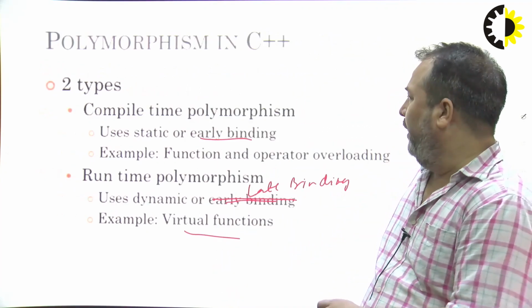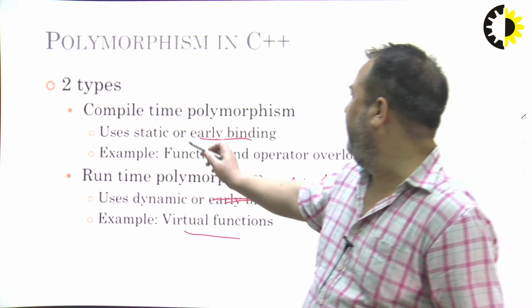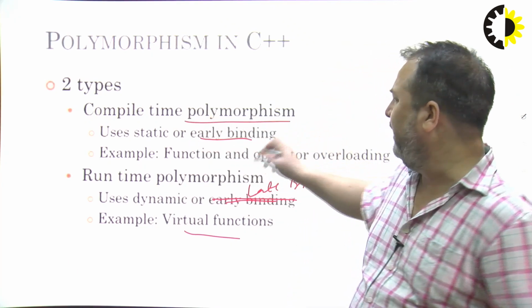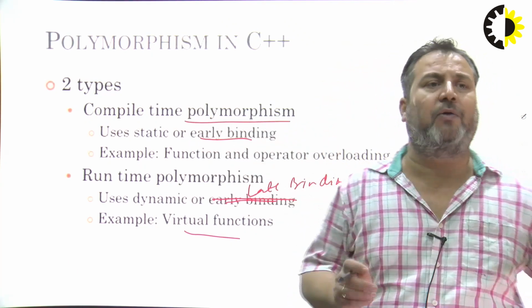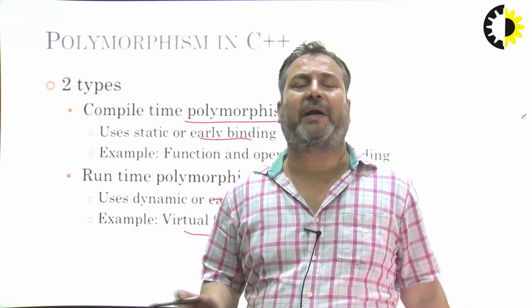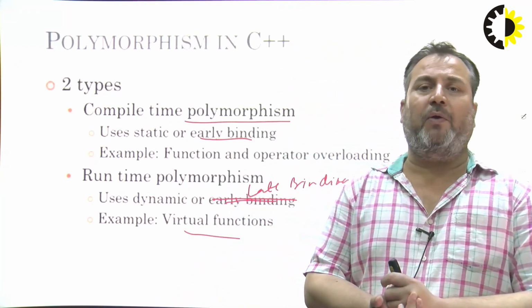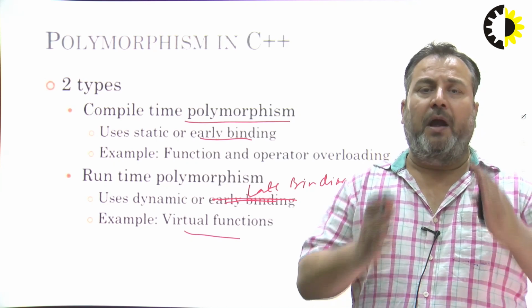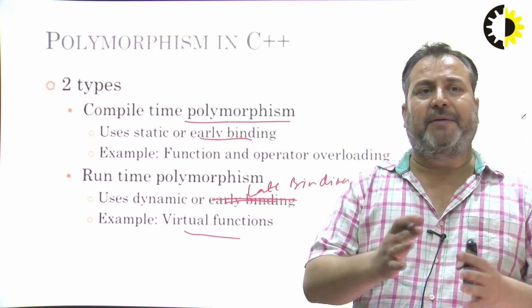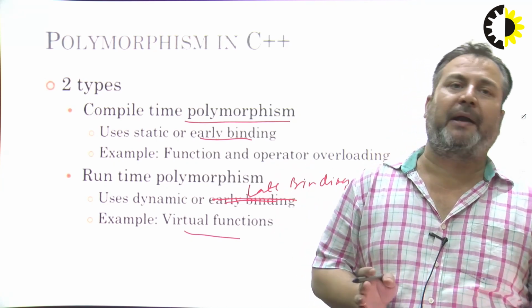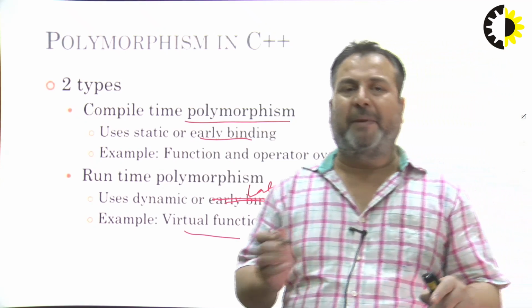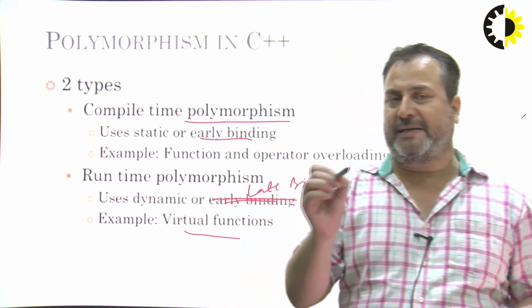First we discussed compile time polymorphism, which can be implemented by function and operator overloading. So what is function overloading? Function overloading means one function can exhibit different behavior, that is different code, depending on the type of parameter or argument passed to that function.